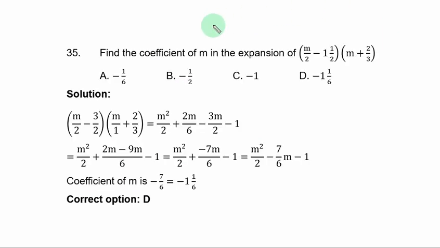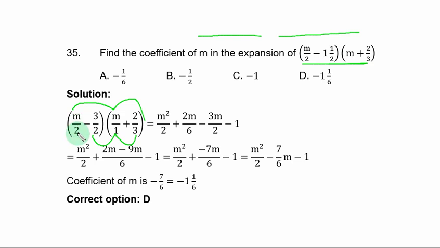Question 35. Find the coefficient of m in the expansion of this. Coefficient is that number that multiplies a letter. So you need to expand this first. So when expanding, the first term times first term, second term times first term, second term.